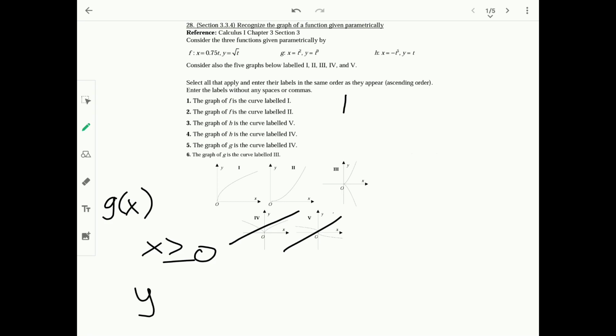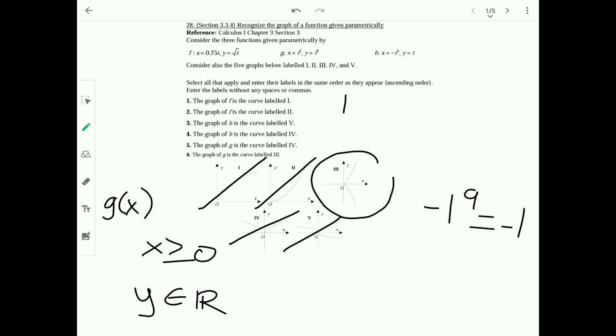Since y is equal to t to the 9, what is minus 1 to the power of 9? Minus 1. So y can be negative or positive. So y belongs to the set of real numbers, in short. So I is wrong, double I is wrong, triple I is the only possible answer. And since the graph of g is the curve labeled triple I, 6 works.